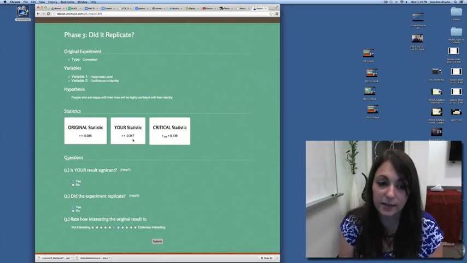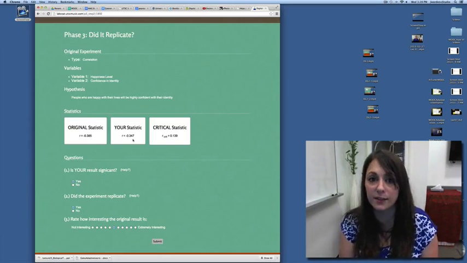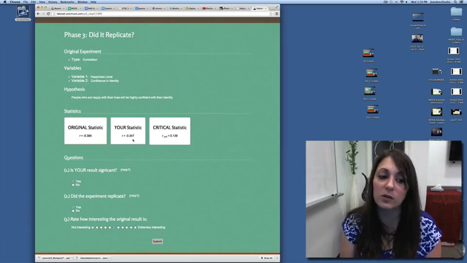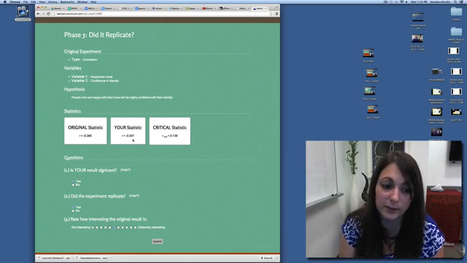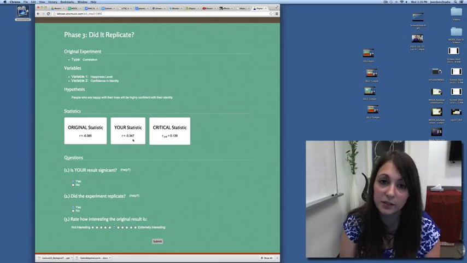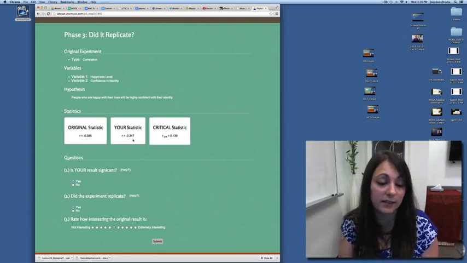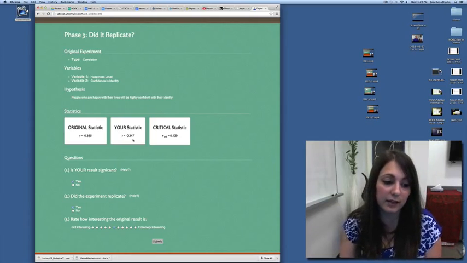Your statistic means that basically we've done that whole statistics thing that we did in phase 2. We've run it again in the background, but with a different sample of students. So we have a different 200 data points than the original experimenter, and we have our own new R value. You're going to be looking at these two R values and seeing whether they match and whether or not yours is significant and stuff.